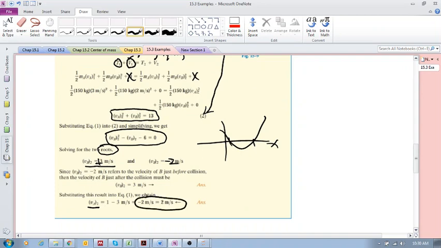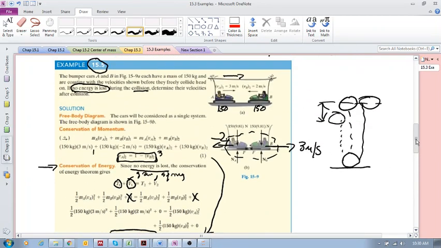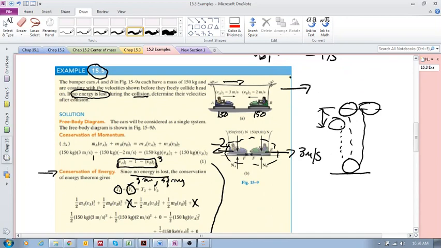Now, you can check your answer, guys. If you choose that direction as positive, then of course this 2 is minus 2, and that 3 is plus 3, because this is going in the positive direction and that is going in the negative direction. Say you calculated a minus 3 for vB2.